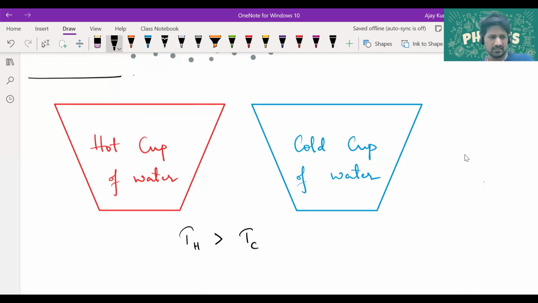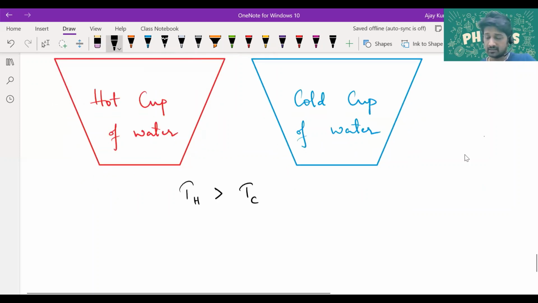That is nature. Now, a greater temperature means molecules in the hotter cup of water are moving faster, or vibrating faster. So there is more molecular vibration in a hotter object compared to a cooler object.